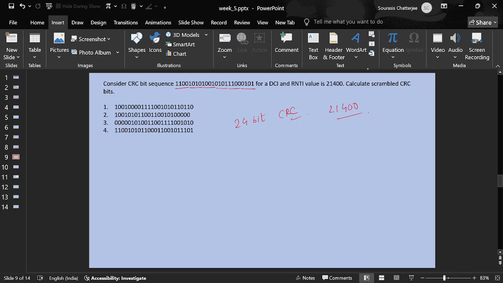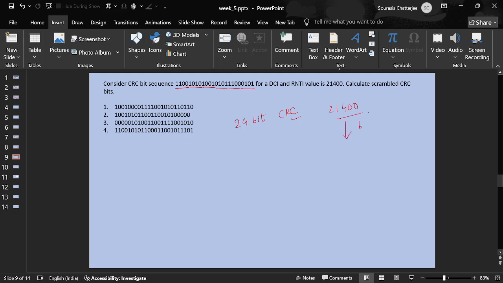So how am I supposed to find the scrambled CRC bits? What should I do first? Convert the RNTI to binary and then do the XOR operation.